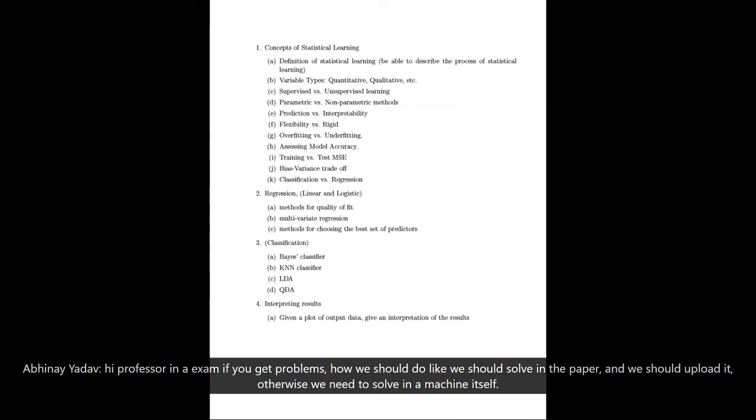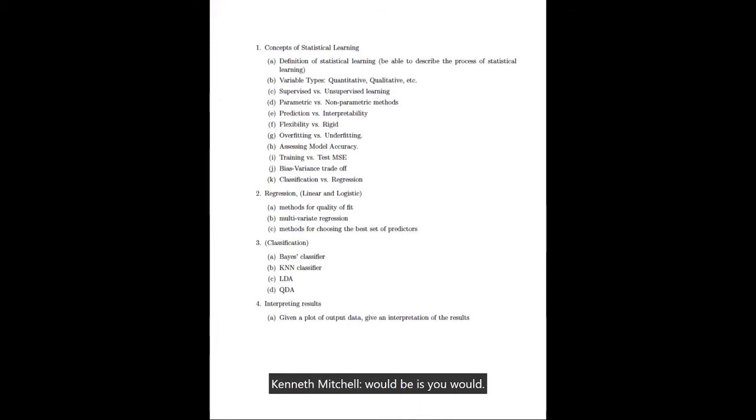Hi, Professor. In the exam, if we get problems, how should we do it? Should we solve on paper and upload it, or do we need to solve in the machine itself? Before, you would just write in the answer, and then all the work for the answer was uploaded.